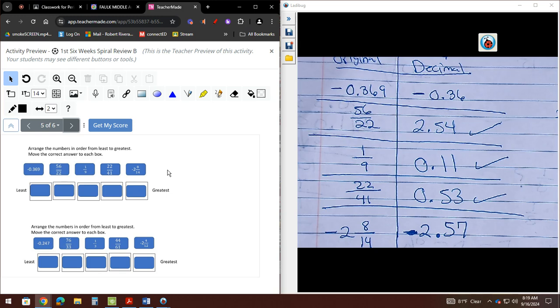Who has the most money in this table? 2.54. He goes to the greatest one. If you don't want to use the number line, you can also do that. Look at the table and say, okay, he will go to the greatest. Who has the next most money? And who's that? 2.41. That's why I want a table.